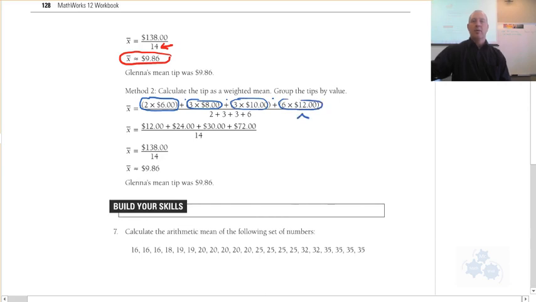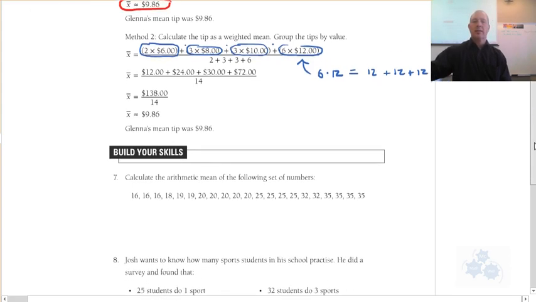Remember, 6 times 12 is the same as 12 plus 12 6 times. So you're just saving yourself a little bit of time using the same concept.